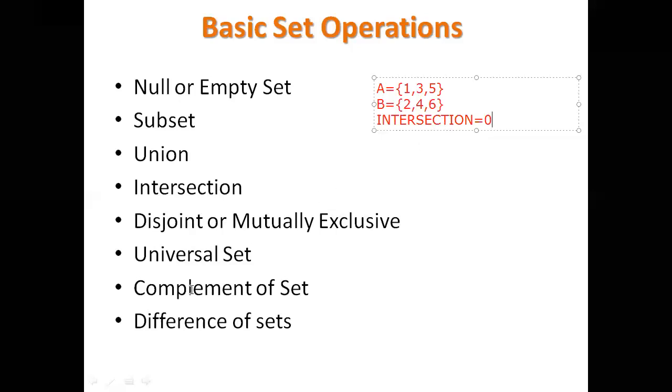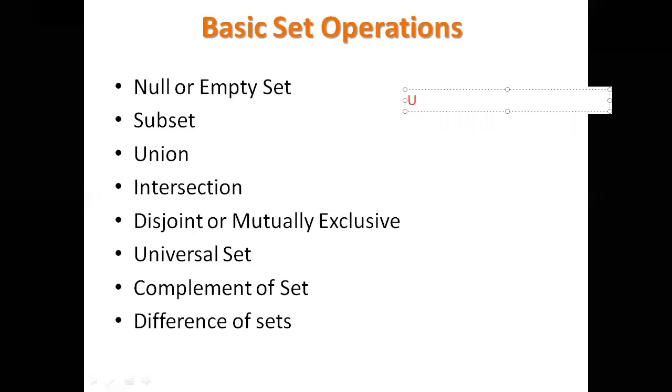The next one is the universal set. If you consider all the elements in an experiment, that is called the universal set. Suppose U is equal to 1, 2, 3, 4, 5, 6.